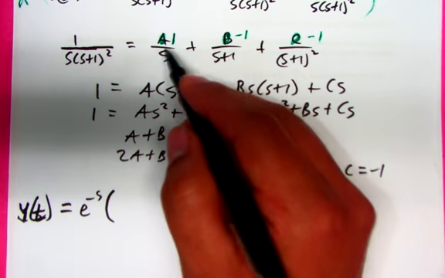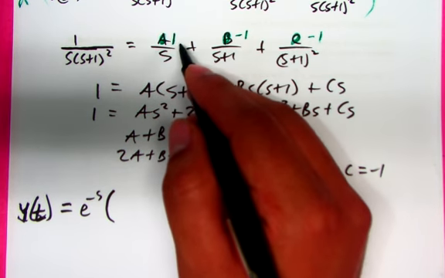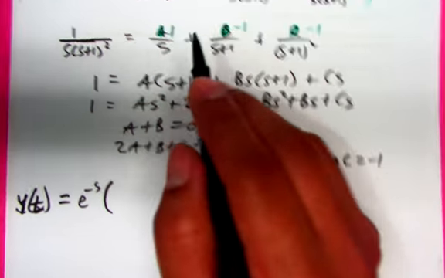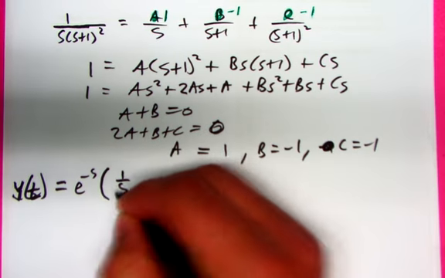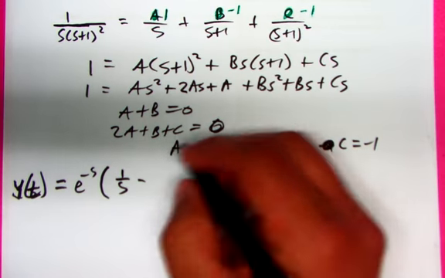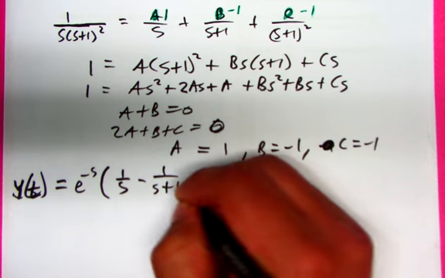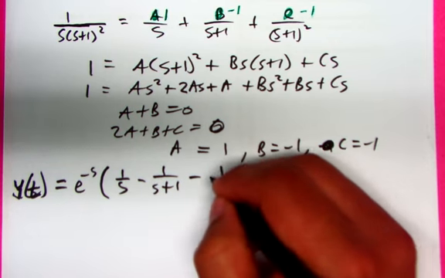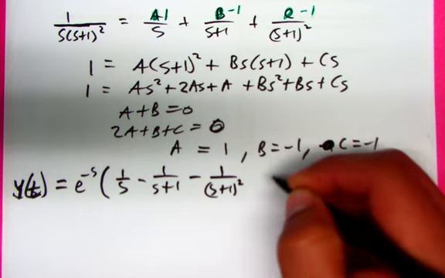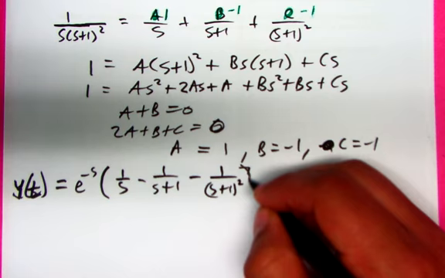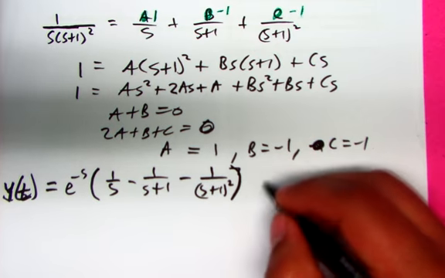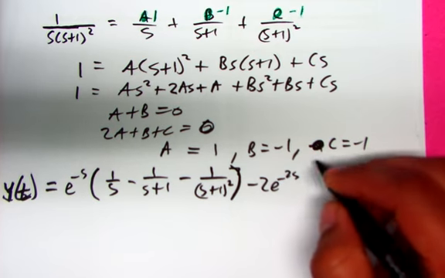And now the transform of 1 over s, well actually, I should just write them in. Don't worry about it. I'm going to write it in anyway. So that's the first term, minus 2 e to the minus 2s.